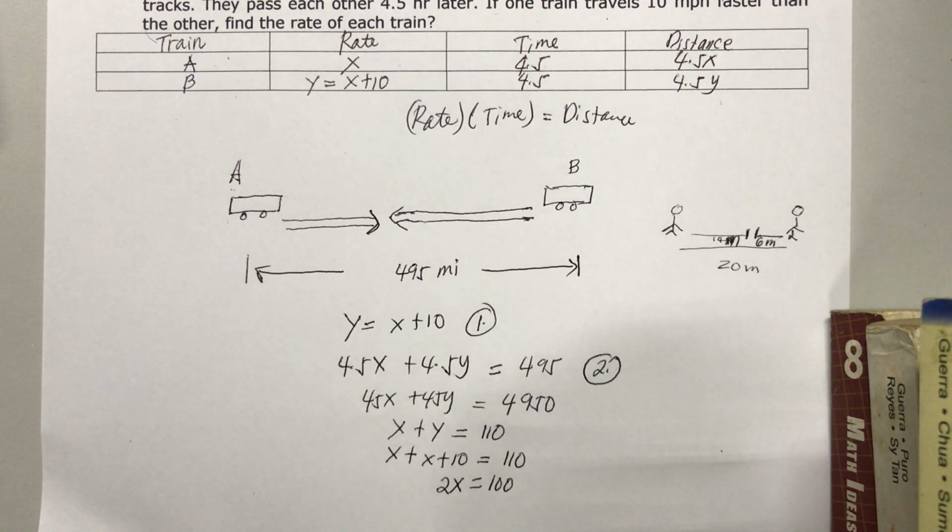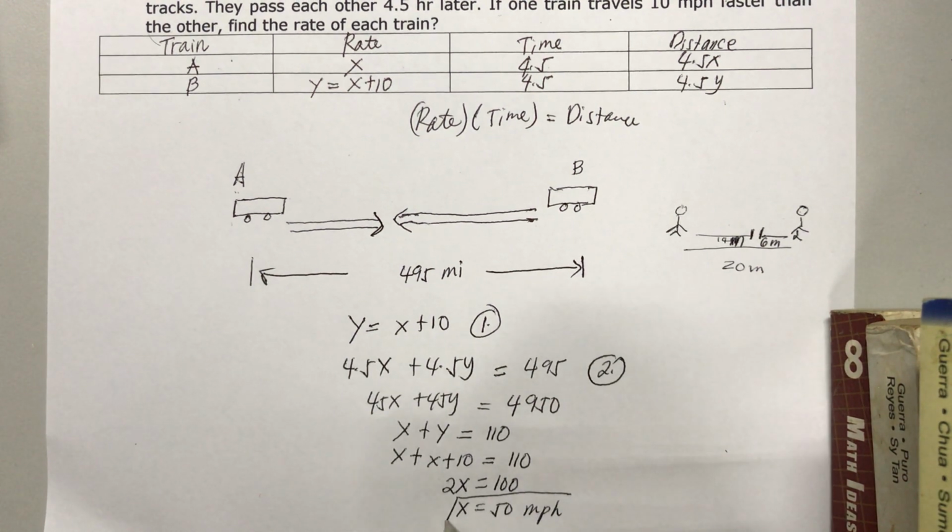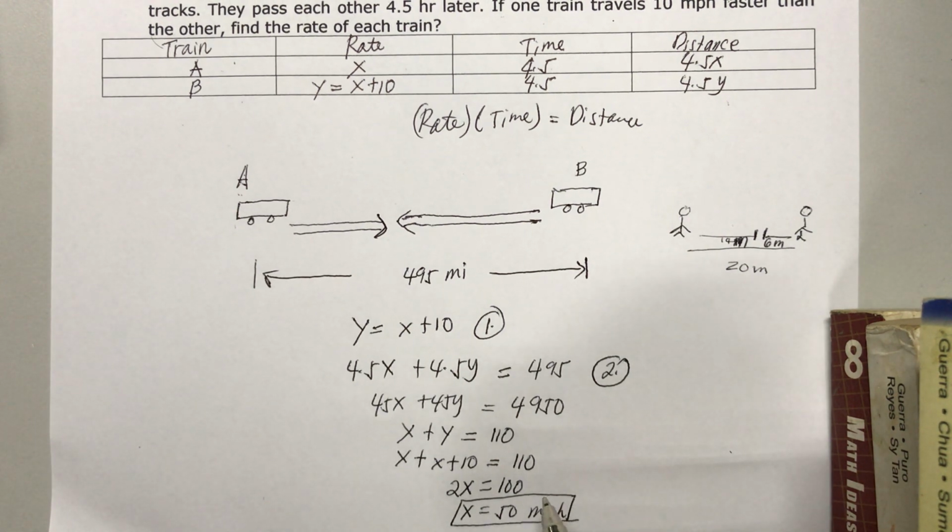If 2x is equal to 100, x is equal to 50. 50 what? Miles per hour. 50 mph. Meaning to say, the rate of train A is 50 miles per hour.